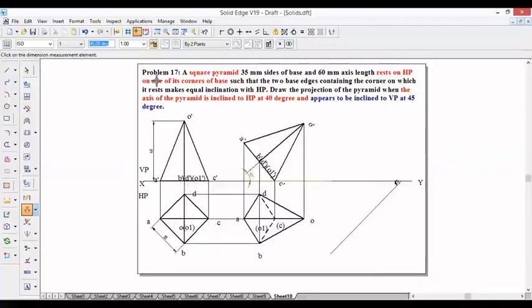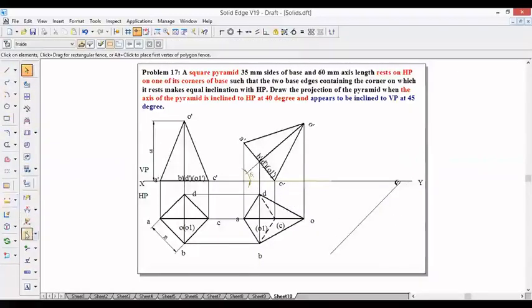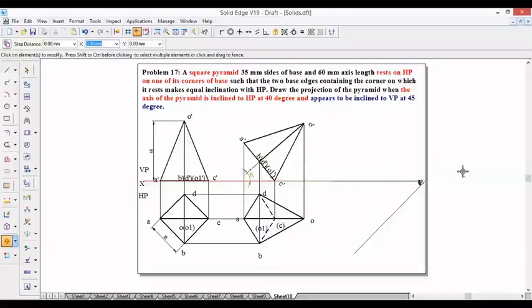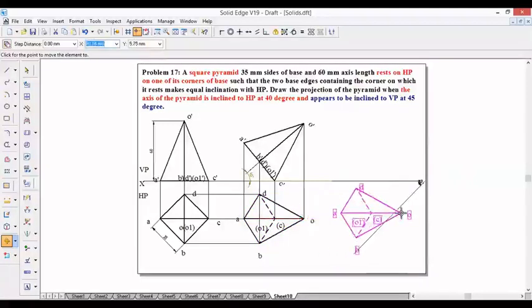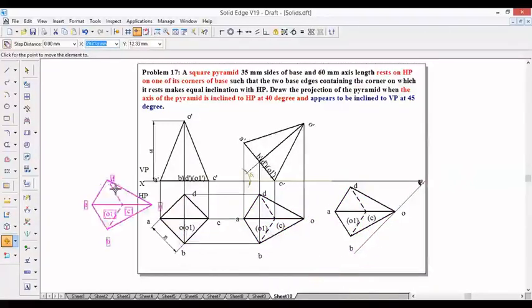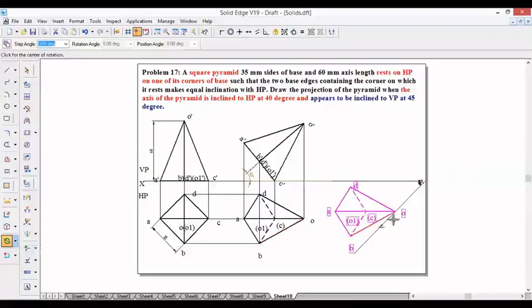So this is the 45 degree line. We need to move this second position top view in such a way that O1 lies on the 45 degree line, then rotate the same. This should come on the 45 degree line.